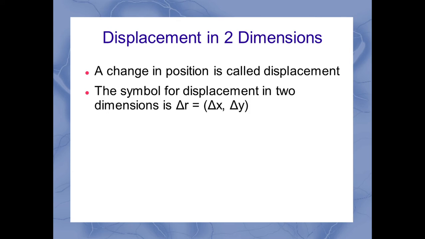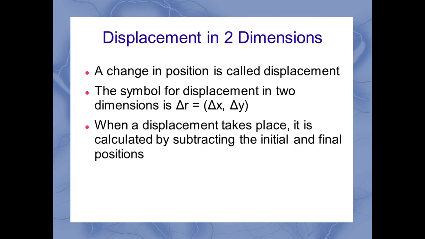And we're going to use displacement delta R, which is a piece in the horizontal direction, a piece in the vertical direction, or north, south, east, west, whichever 2 dimensions we're talking about. And when we're calculating it, it's by looking at the difference between final minus initial for both the horizontal and the vertical, or the east-west and the north-south, however we define those axes.